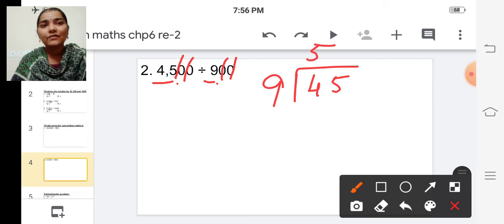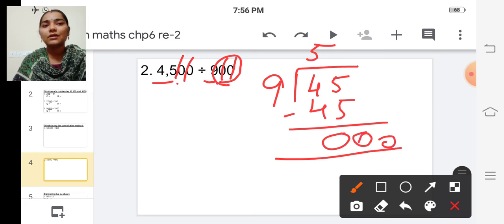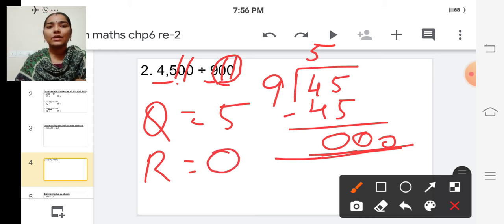So write 5 here and write 45 here. If we subtract, we get 0 as the remainder. If we add these 2 zeros to the remainder, it is also 0. So the quotient is 5 and the remainder is 0. Okay?